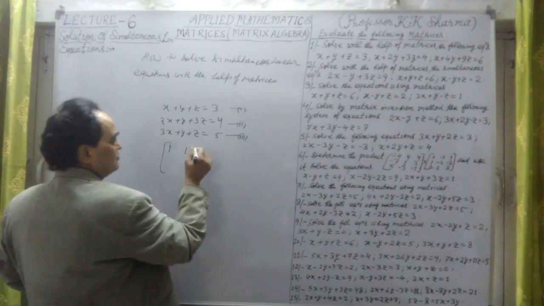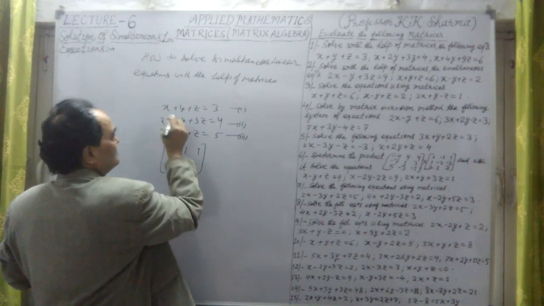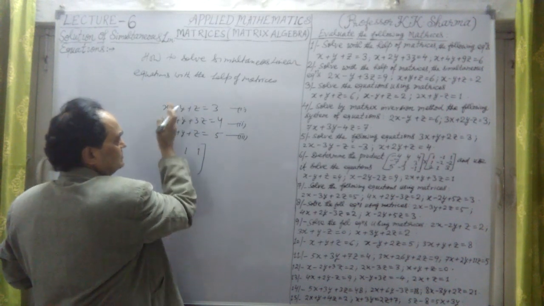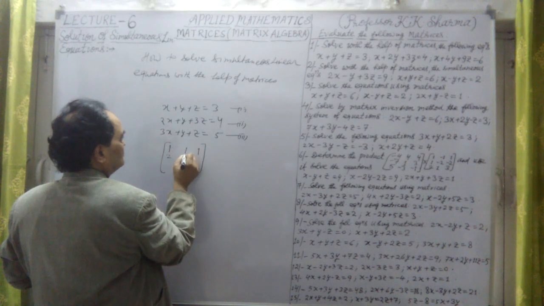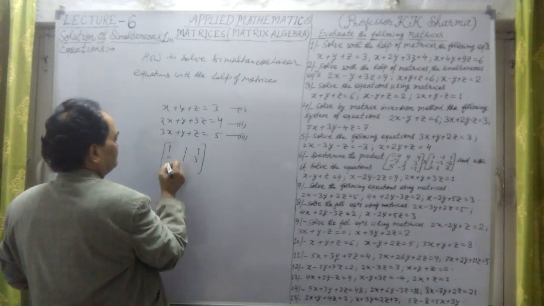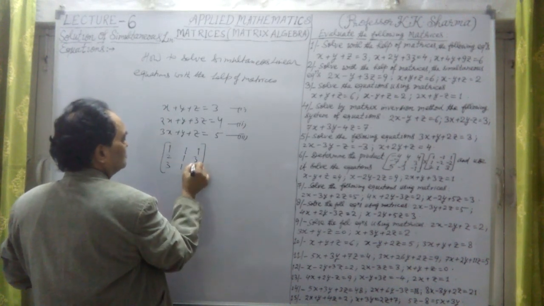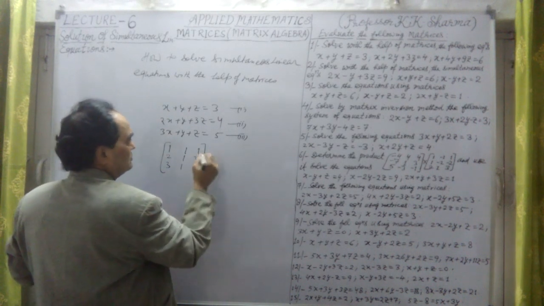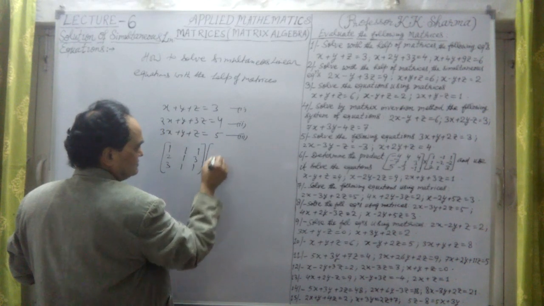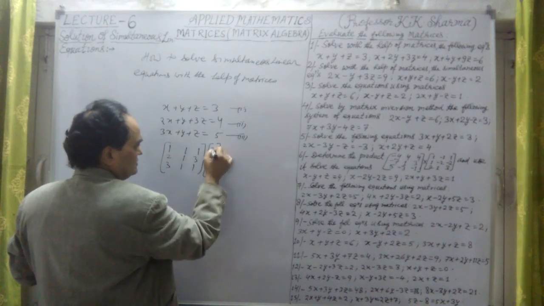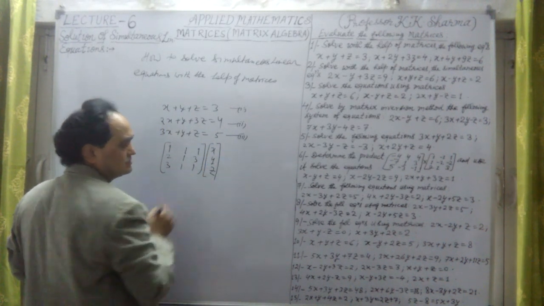The process here is, we write the coefficients of x, y, z on the left hand side in matrix form. This is 2, 1, 3, this is 3, 1, 1. And these are the coefficients. We write the variables as a column matrix, x, y, and z.